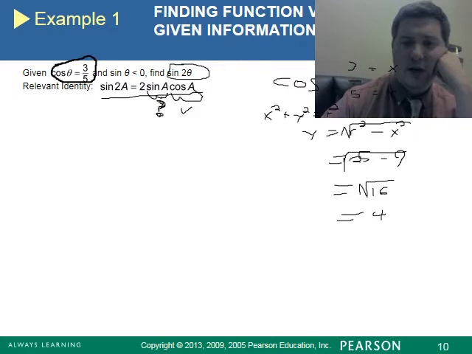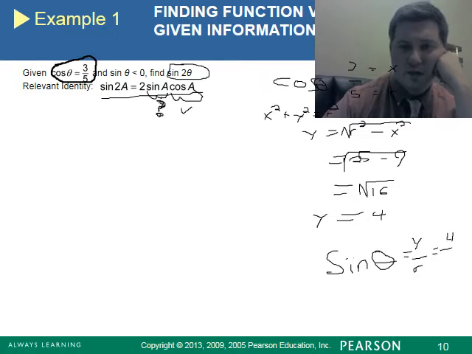Now that we've got y equals 4, we could find sine. And then we're looking at the original angle theta here, so I should probably write that. So sine of our original angle is y over r. So that's 4/5.